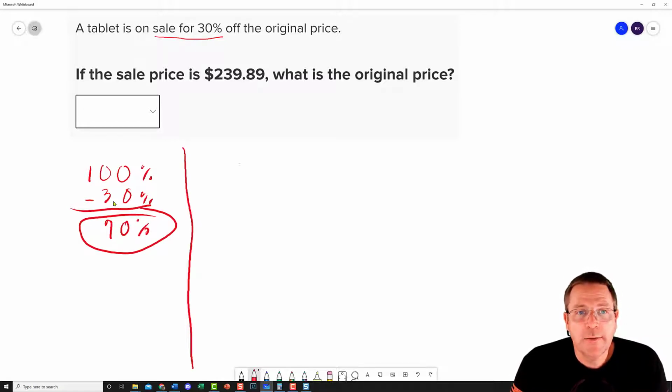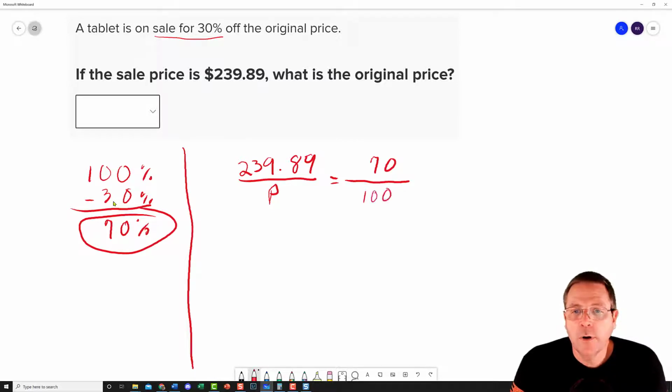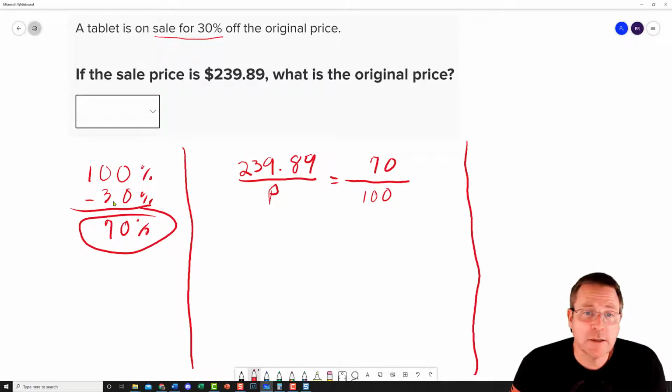The sale price now goes on top, $239.89 over the original price, and we're going to call that just P, is equal to, well, what we still paid was 70% of the 100. Now we're going to have to do some of that other math over here, and I'm going to let you use your calculators because, guys, these numbers are not fun.